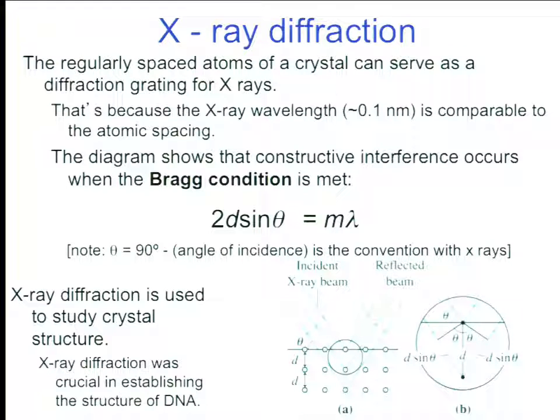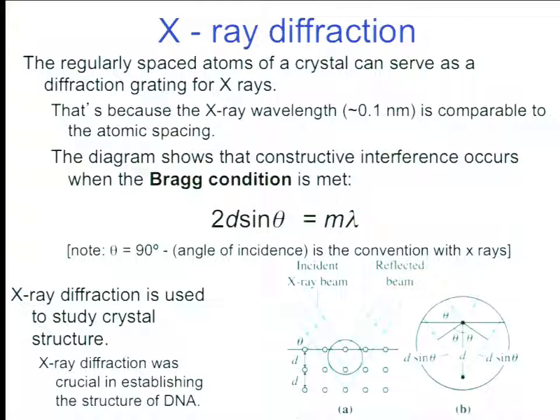And this part here, delta R, is d sine theta, but there are two of them, so the total delta R, the difference between this beam and that beam, is 2d sine theta.